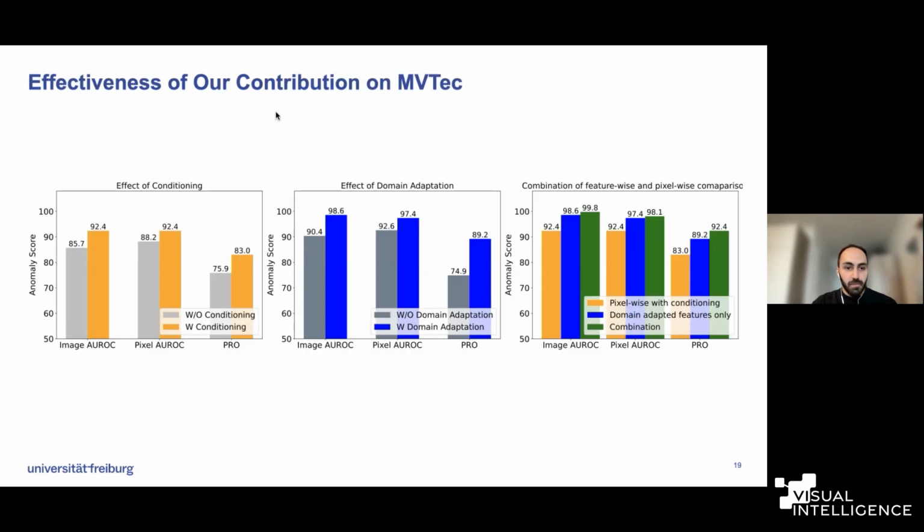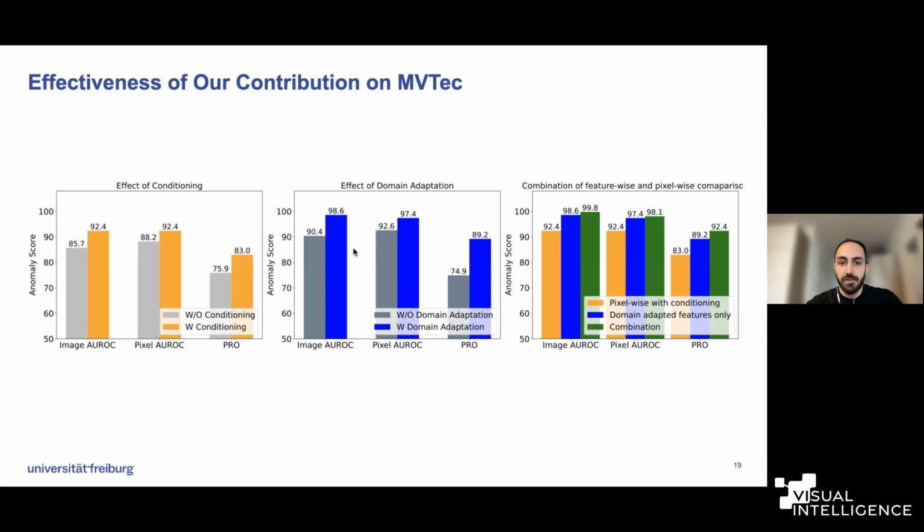And then we go step by step to see how much these contributions affected, using a naive diffusion model. So as you can see, our conditioning at the image level increased the image AUROC by almost 7% and the pixel-level AUROC by almost 4%, and PRO is also based on the pixel level. As you can see, there is a boost here. And also, if we only use the feature extractor, you can see our domain adaptation mechanism also gives a boost in the feature level comparison.